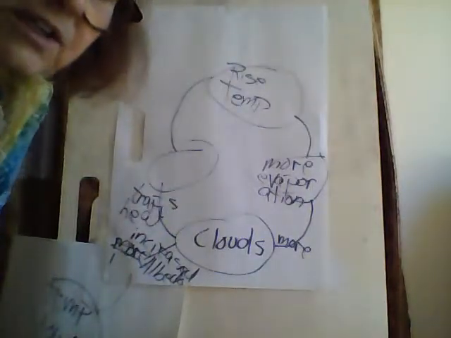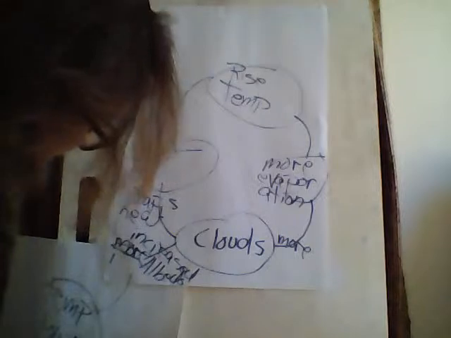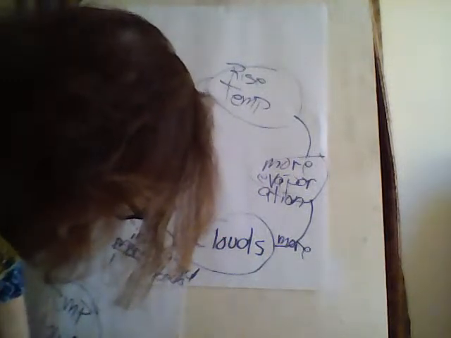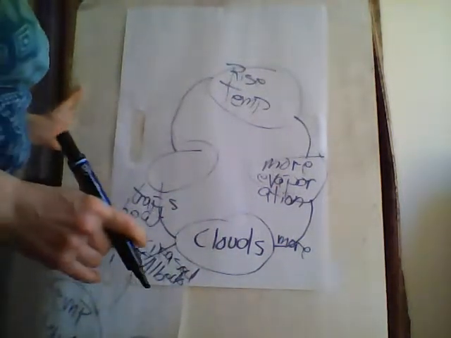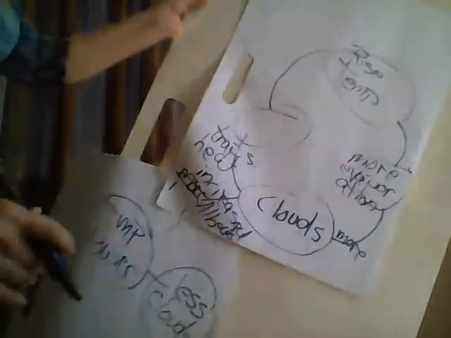And that would mean less clouds because there's less evaporation. So we have a positive and a negative feedback loop with clouds.